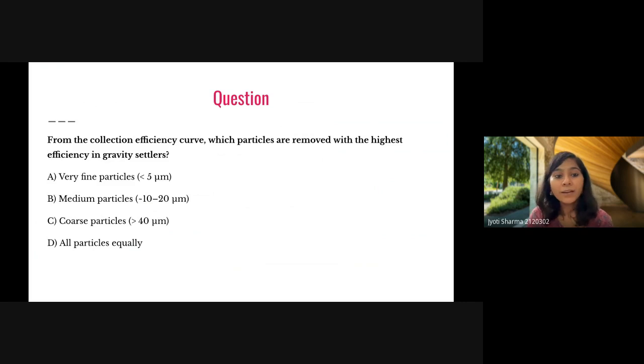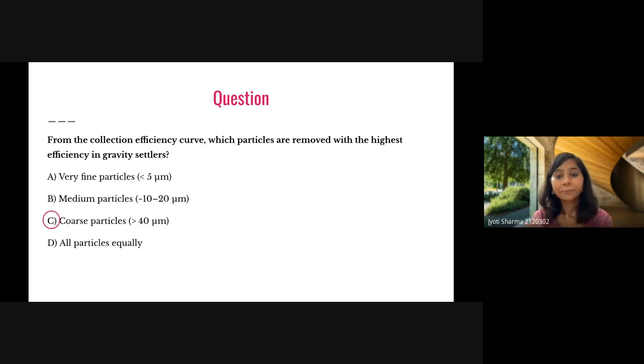Okay, from the collection efficiency curve that I showed you right now, which particles are removed with highest efficiency in a gravity settler? Very fine particle, medium particle, coarse particle, or all particles equally? Priscilla gave me answer C, and Venkateshwara also gave a yes.